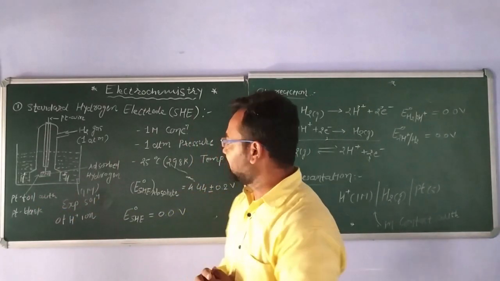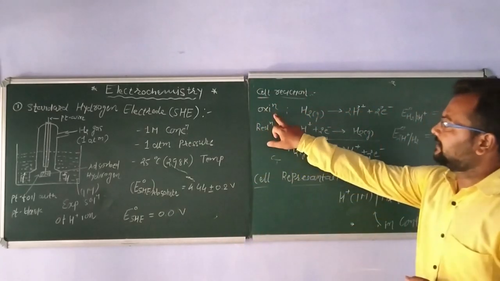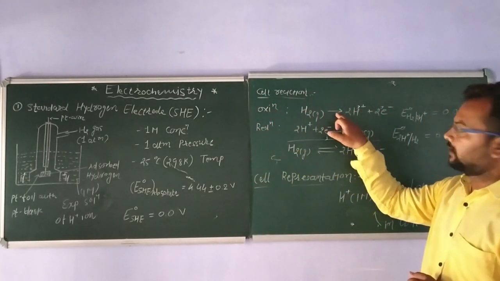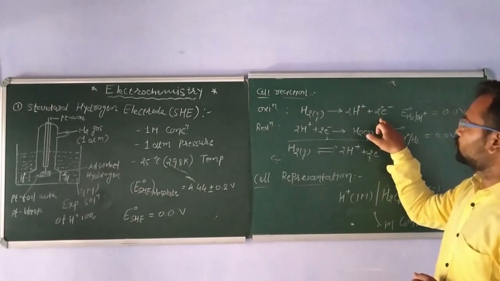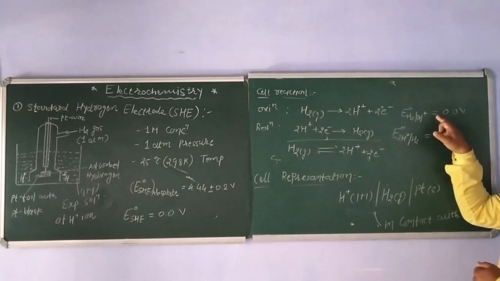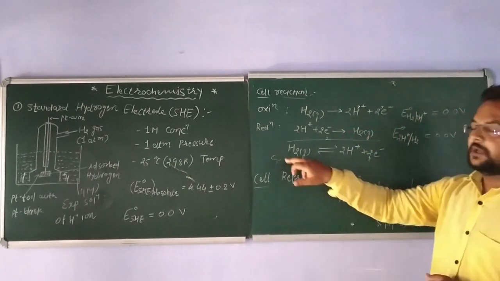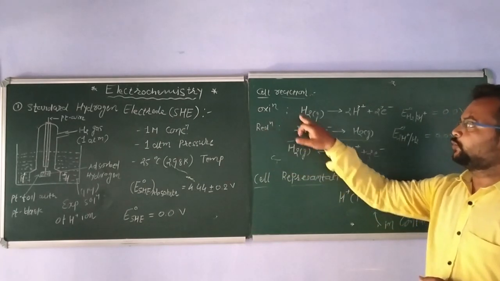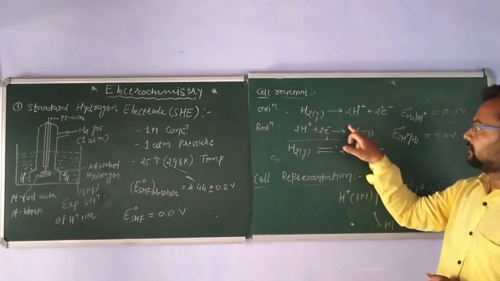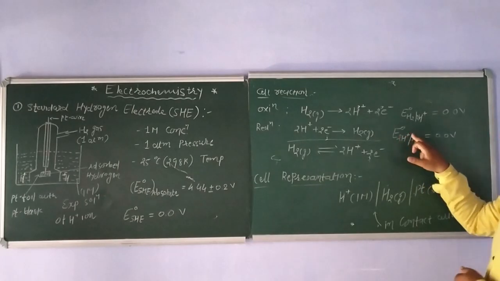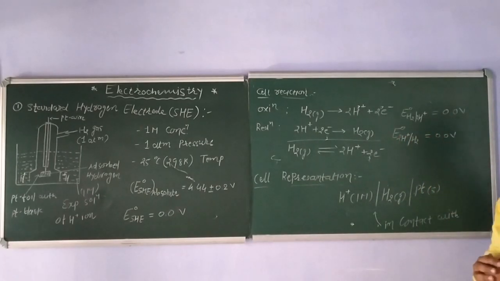The oxidation half cell reaction is H2 gas giving 2H plus and 2 electrons, and its EMF value is 0.0 volt. The reduction half cell reaction is 2H plus gaining 2 electrons to give H2 gas, and its EMF value is also 0.0 volt.